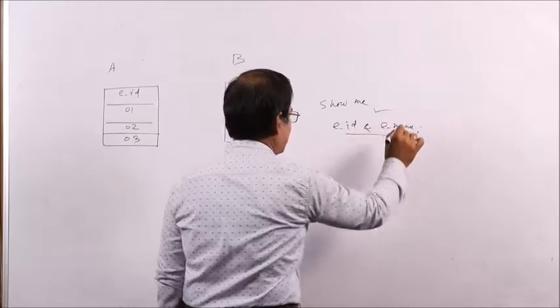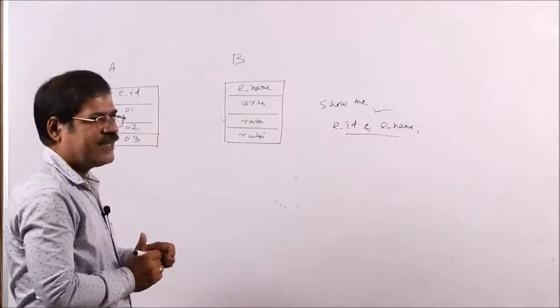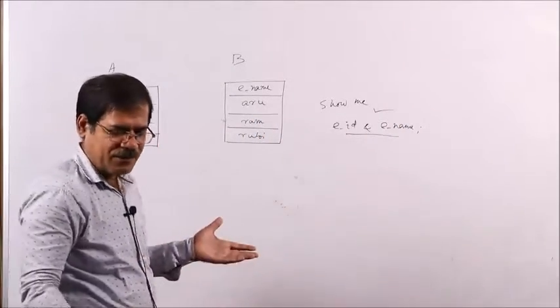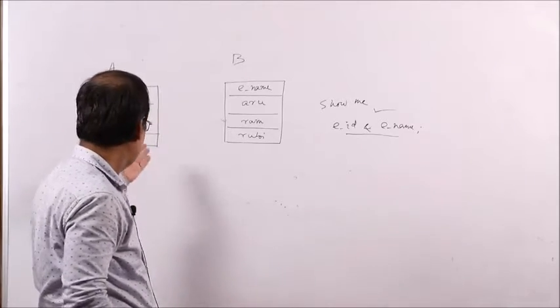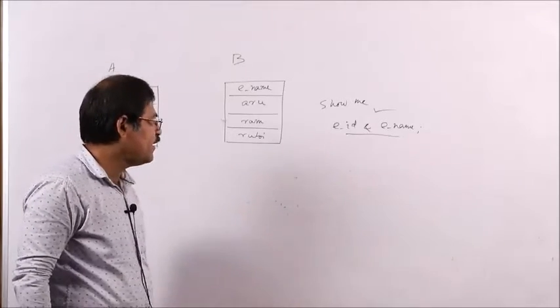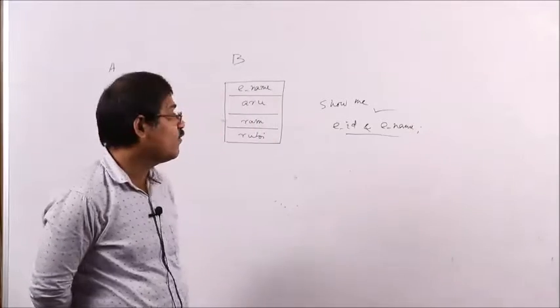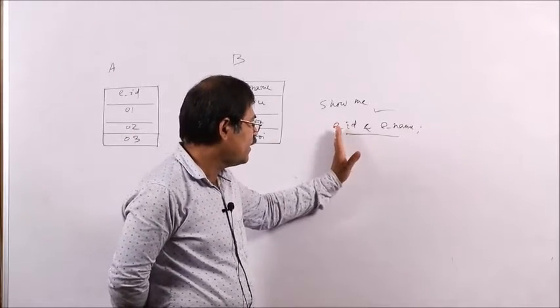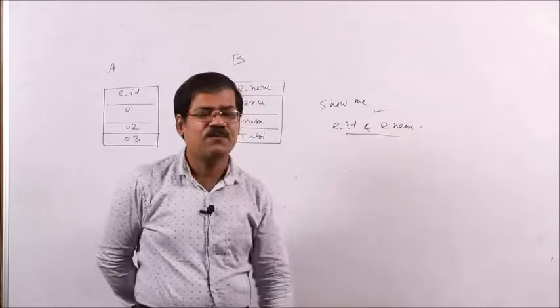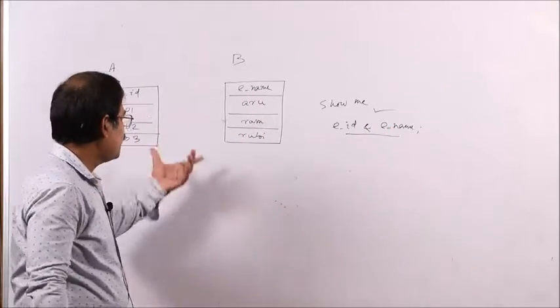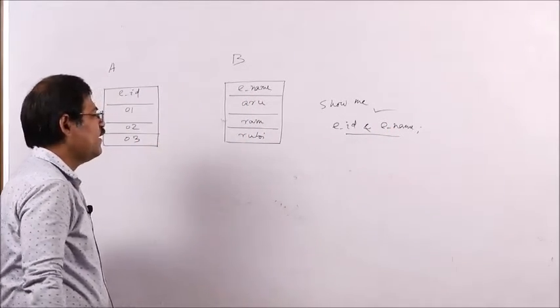It is not possible to retrieve from one table, because the first table contains the ID and the second table contains the name, but my requirement is to display both. So, both tables will be required to display the records.